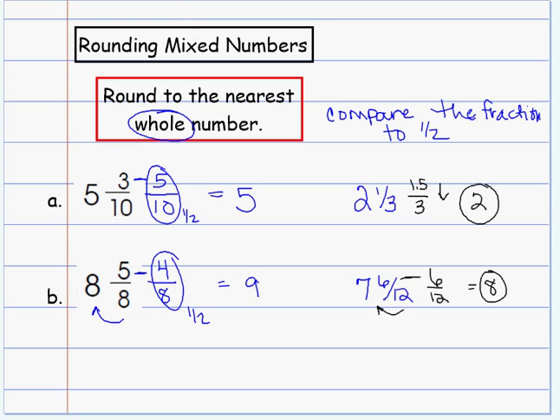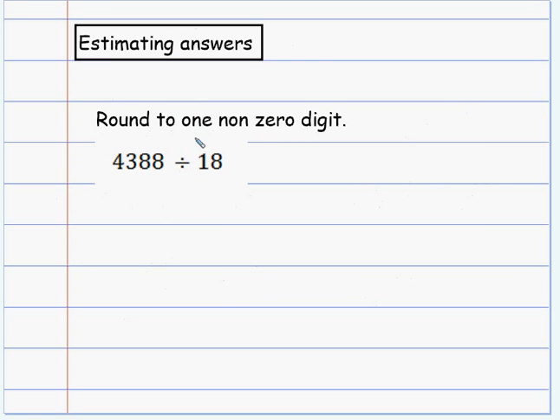Okay, last thing we're going to do today, estimating answers. When you estimate answers, always round to one non-zero digit. Don't make this any harder on yourself than it has to be. So we're going to round to the first digit on the left hand side, right? The greatest place value, so that all the other digits are zeros.